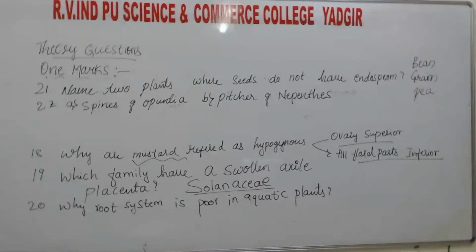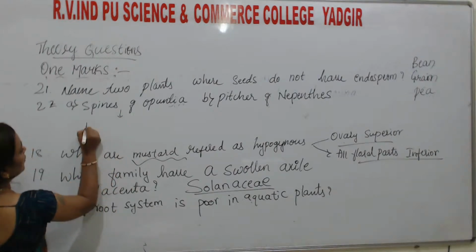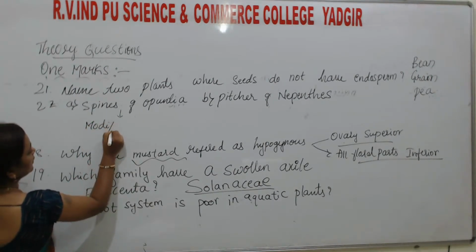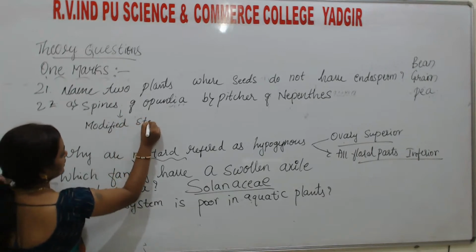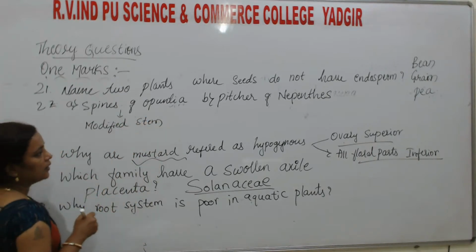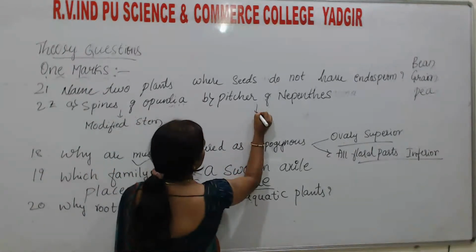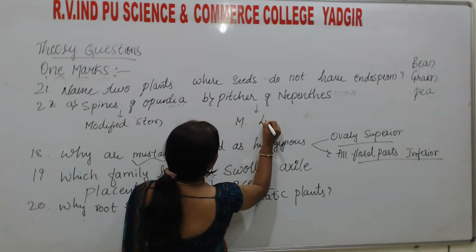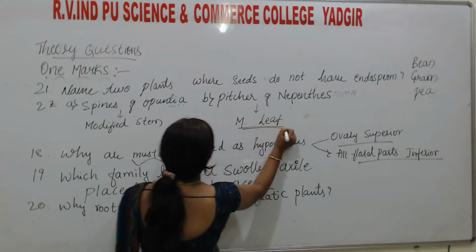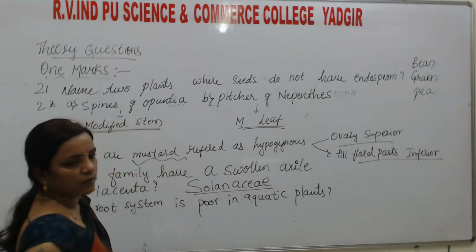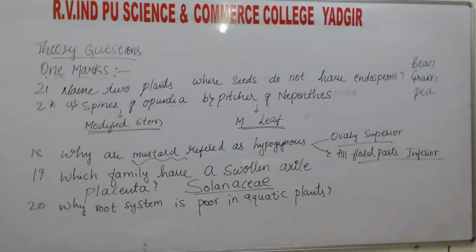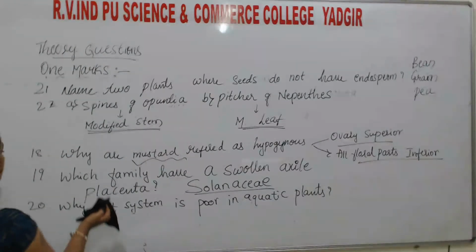Spines of Opuntia are modified stem. These are the answers: modified stem. Opuntia is a modified stem, whereas the picture of Nepenthes is modified leaf. Next, 2 marks.